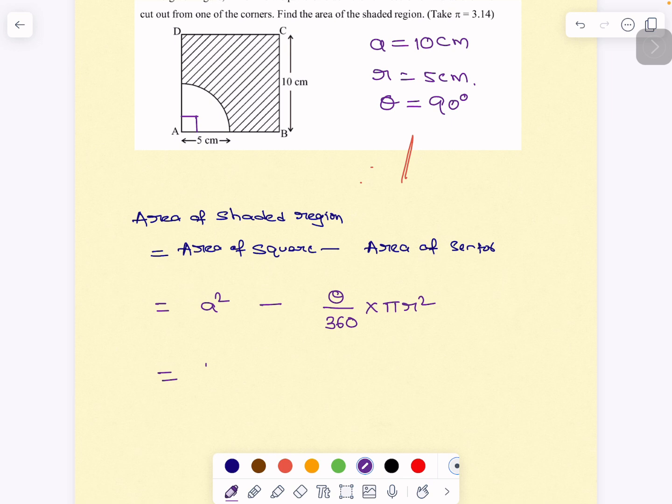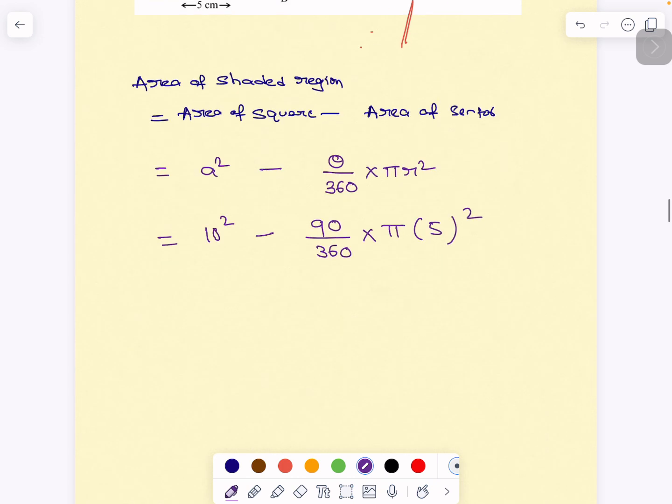Area of square is 10 square, so 10 square minus 90 by 360 into pi into our radius value 5 square. So here the 10 square value is 100, 90 by 360 is 1 by 4, into 3.14 into 25. Okay, the 5 square value is 25.